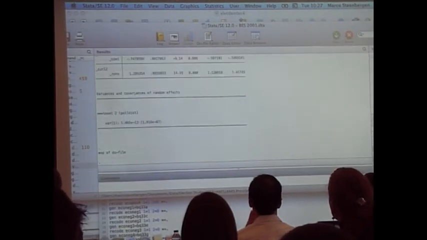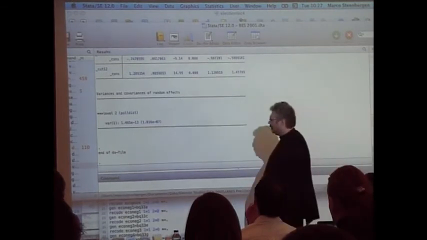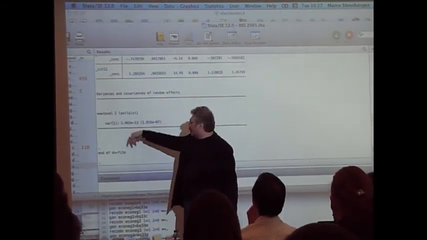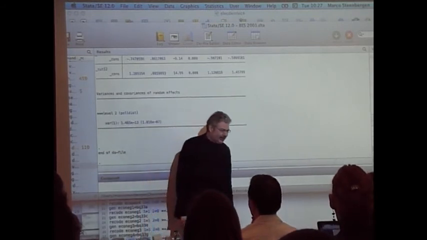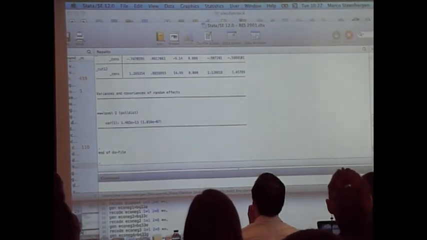Then here are the results, and as I already said, once you include these individual level predictors, the variance in the cut points seems to have disappeared. This is 0. 1.5 times 10 raised to the power negative 13 is not interesting.